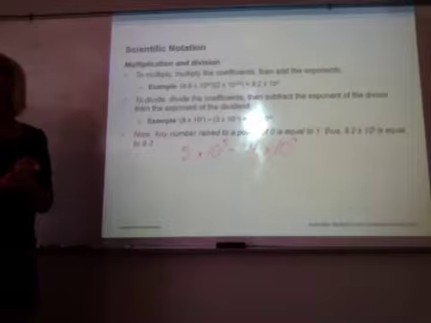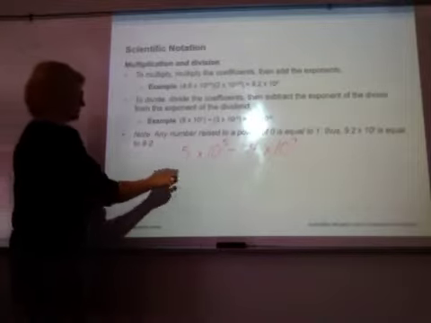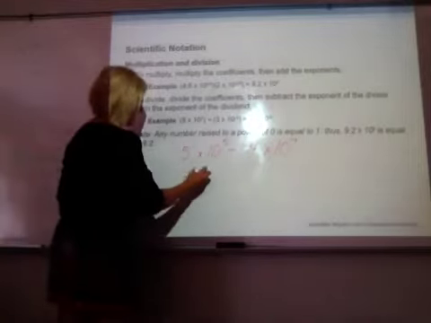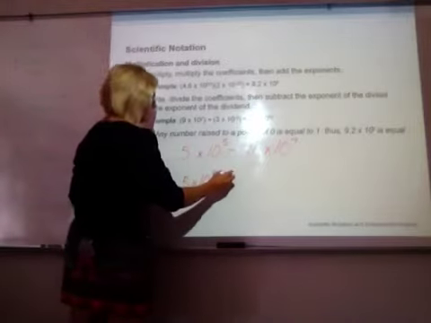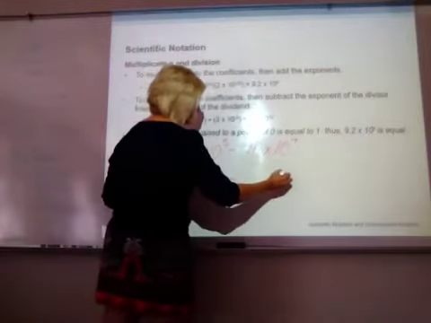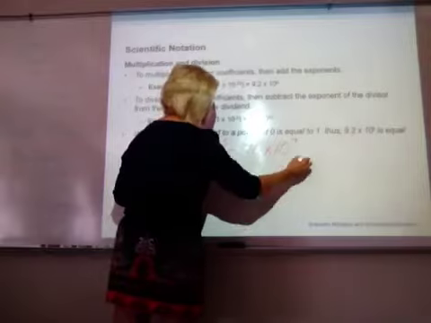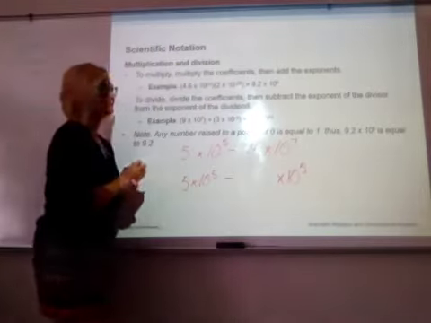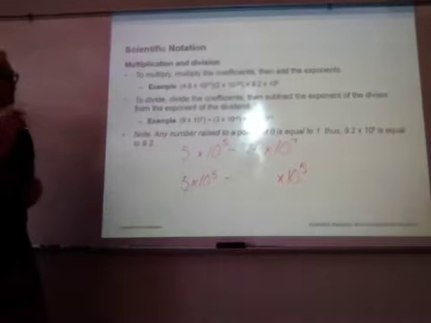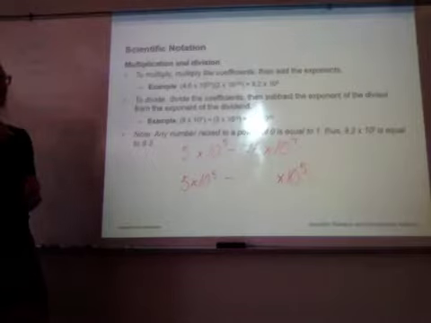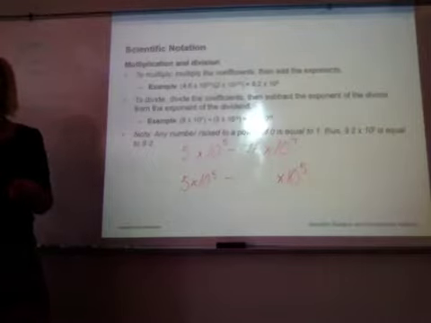Which one? I don't care. 5. Okay? So I'm going to have 5 times 10 to the 5th minus something times 10 to the 5th. So if I'm going to go to the 5th, which way am I moving my decimal, right or left?